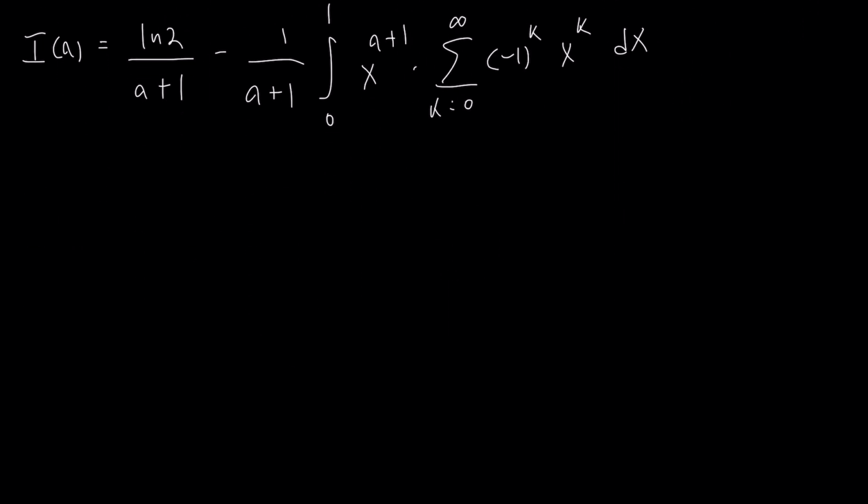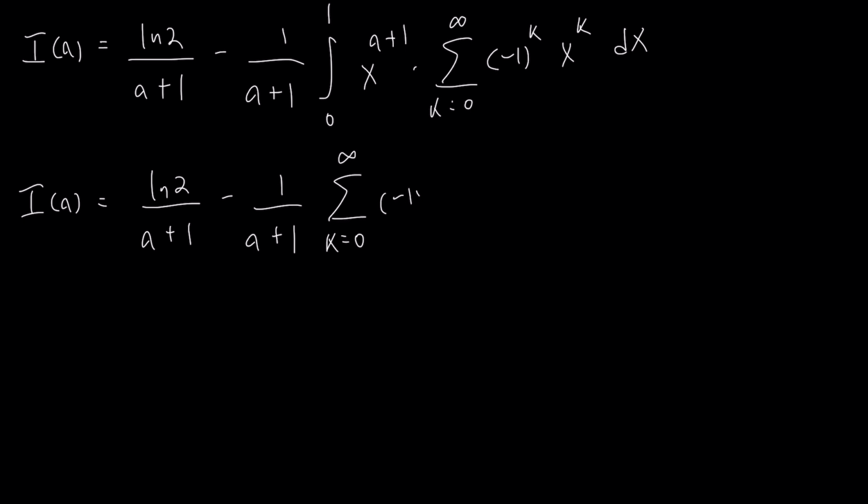And then swapping the sum and integral, we have I of a is the natural log of 2 over a plus 1 minus 1 over a plus 1, and then the sum from 0 to infinity, negative 1 to the k, then the integral from 0 to 1 x to the a plus 1 times x to the k dx.